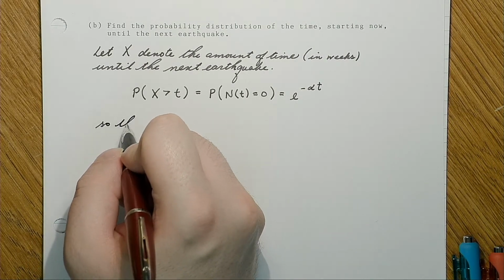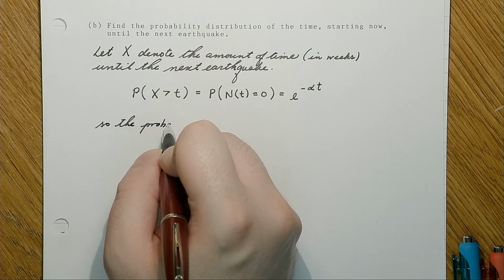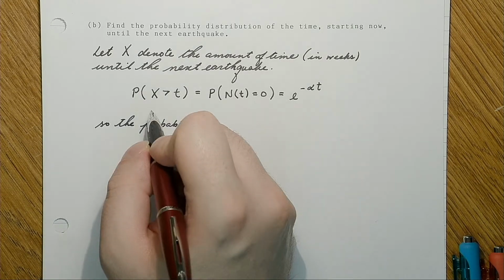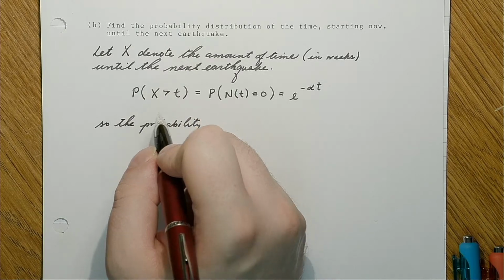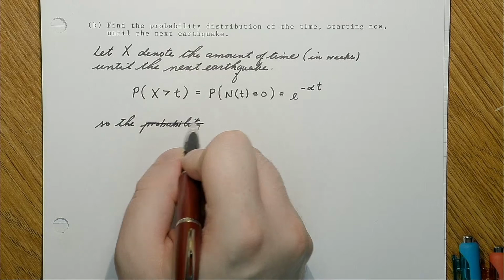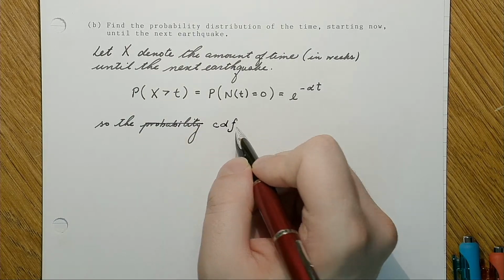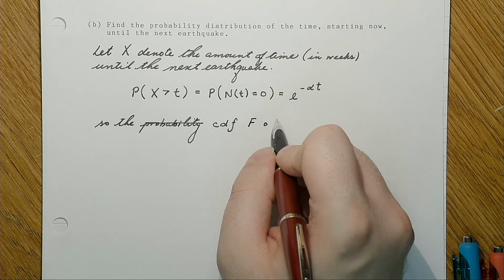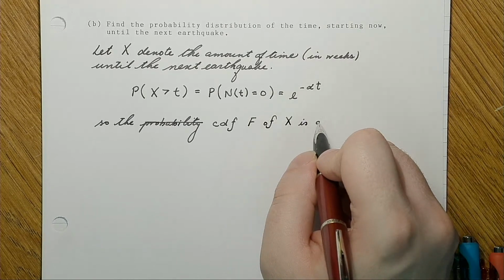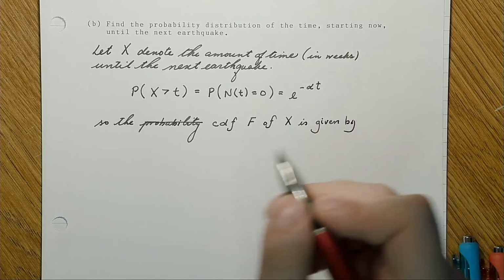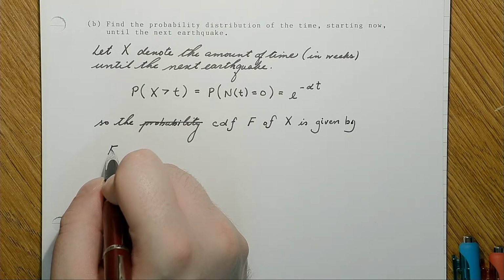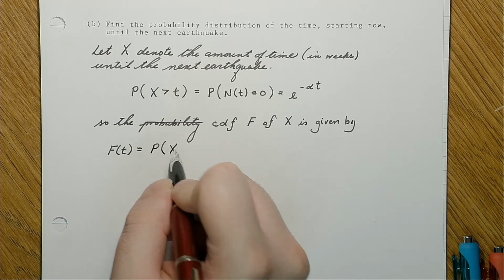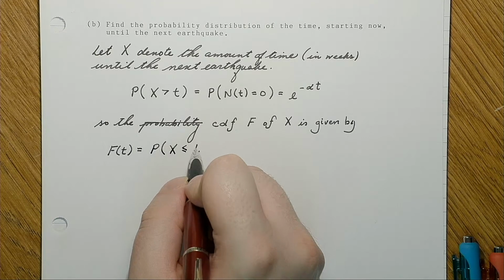And so the probability distribution, maybe the cumulative distribution function, we'll say F of the random variable X is given by F of t equals the probability that X is less than or equal to some point of time t.